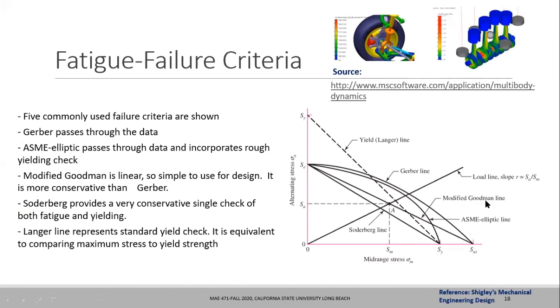That is what we have focused on in this lecture. There are other failure theories as well, but this is just for the sake of completeness. I'm showing you those failure theories in this slide, but we are only going to use the modified Goodman line throughout this course in 471. And also when we are doing actual machine component design in 472, we will be using the modified Goodman line for fatigue failure.